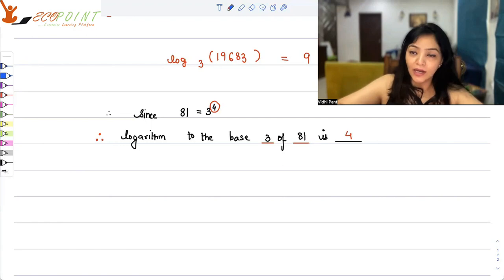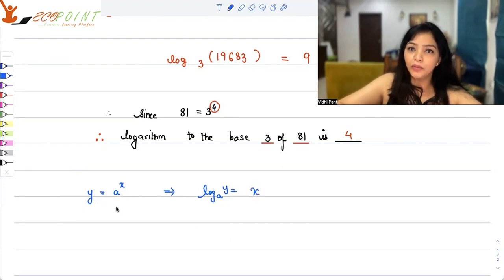Now let's write it down mathematically, what it essentially means. So suppose y is equal to a to the power x. That implies log to the base a of y is equal to x.